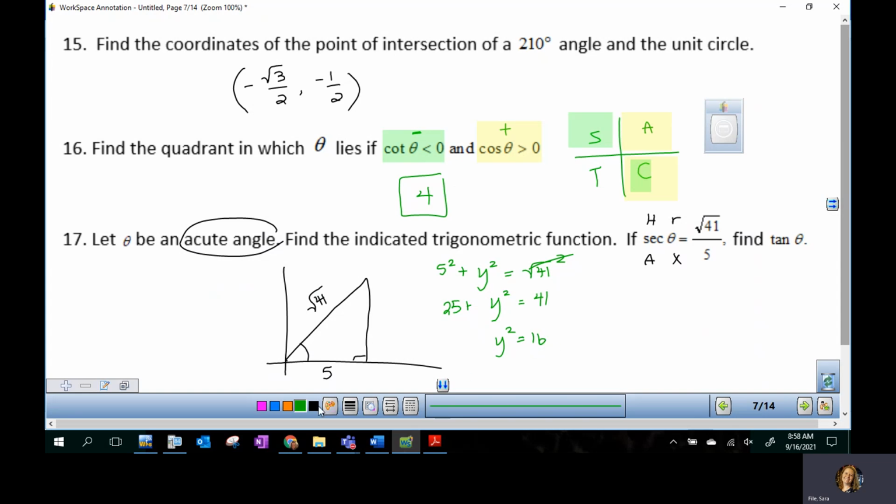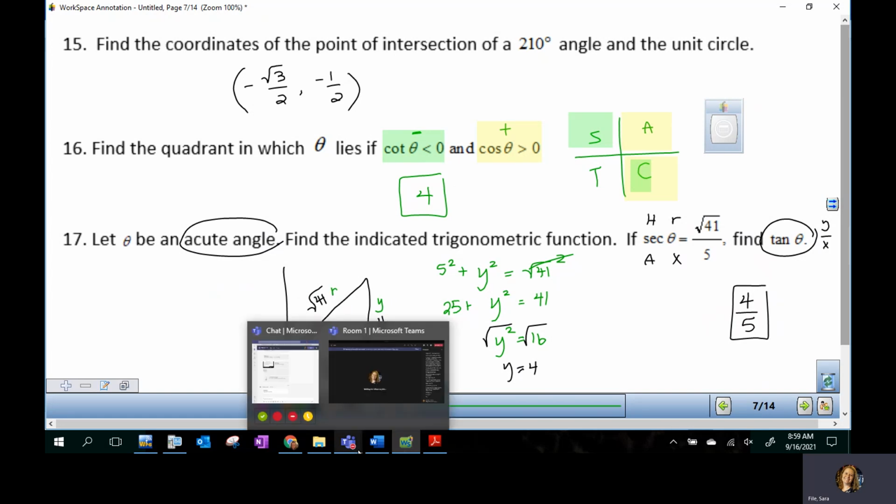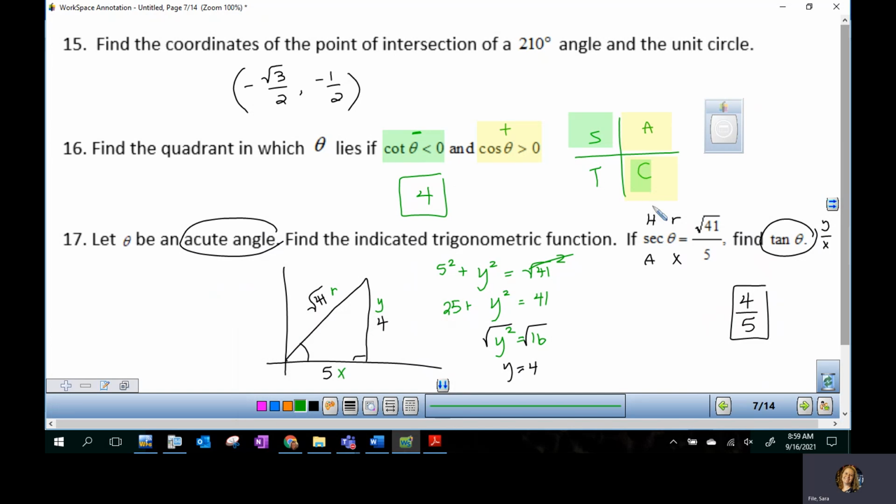What's the square root of 16? So that missing side is 4. So now they want tangent. Tangent is y over x or O over H, depending on how you label. So what is it? 4 over 5. Okay. That's y, that's x, that's r, or O, A, and H. Y'all okay with that one?